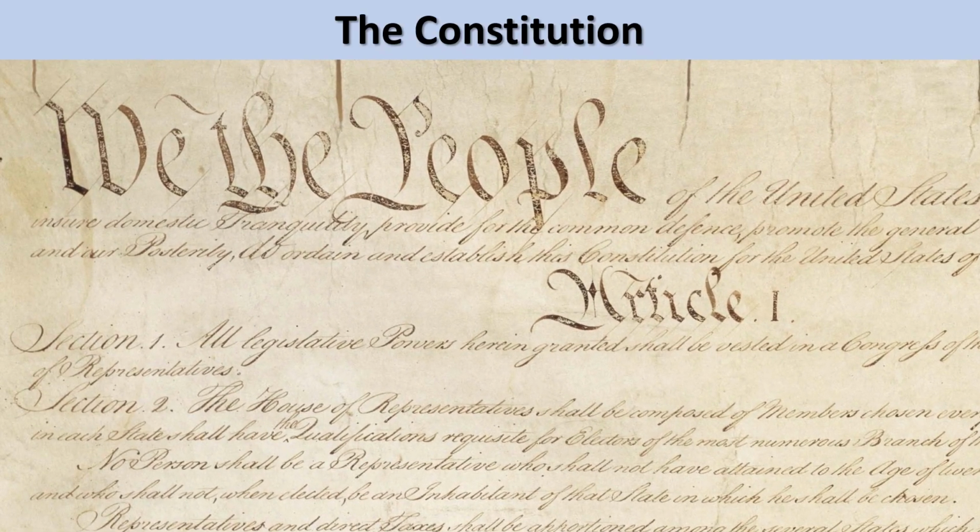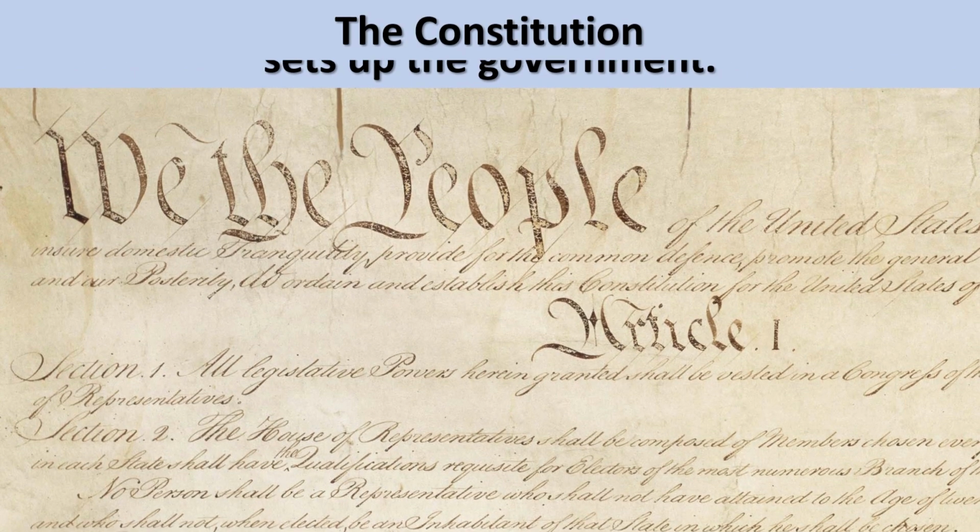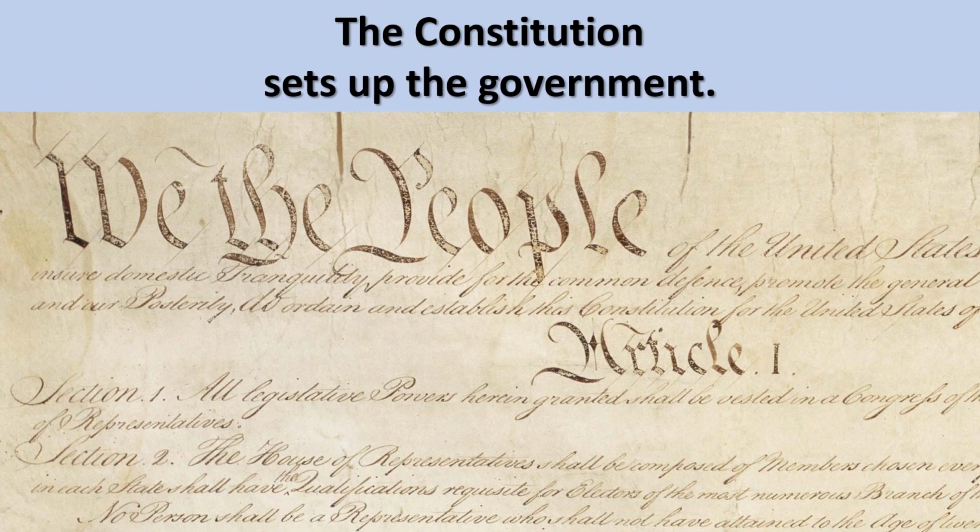The Constitution also defines the government, explaining what the different parts of government are, how the parts of government work, what their responsibilities are, and what they can and cannot do. In other words, the Constitution sets up the government.